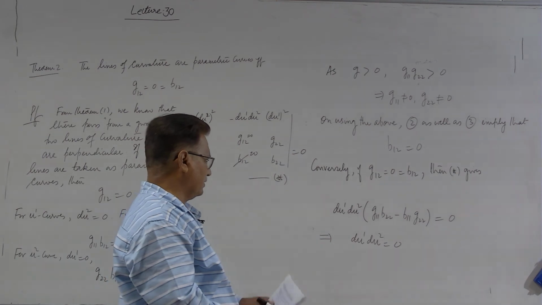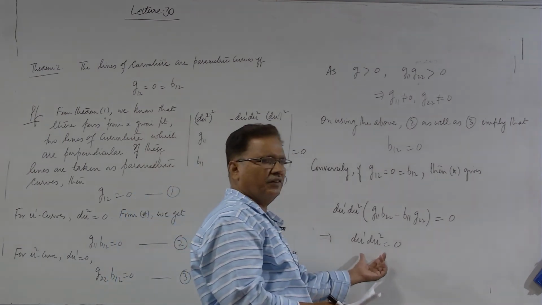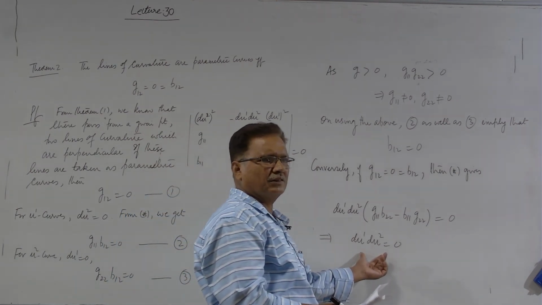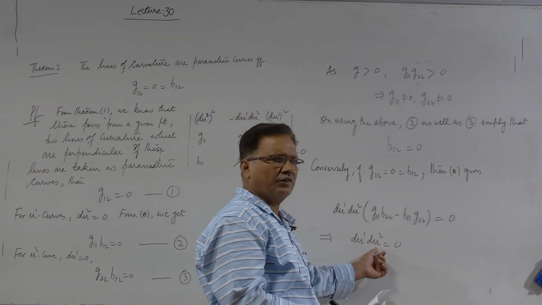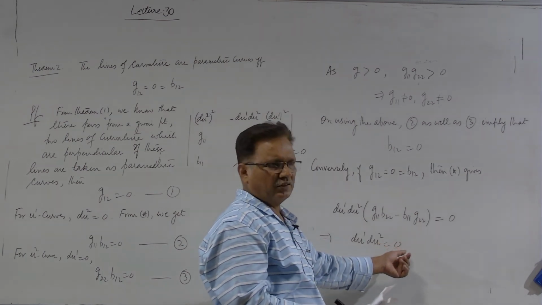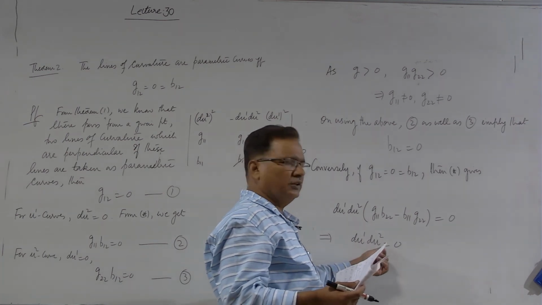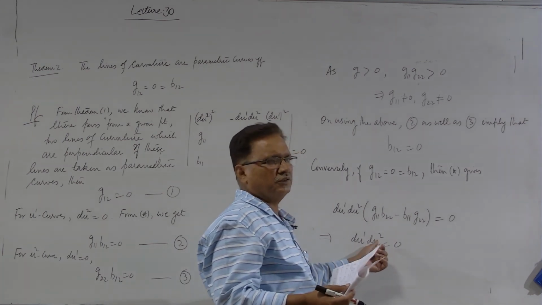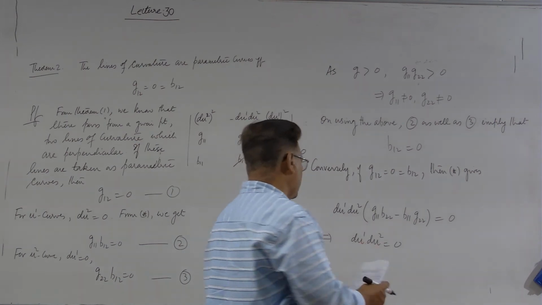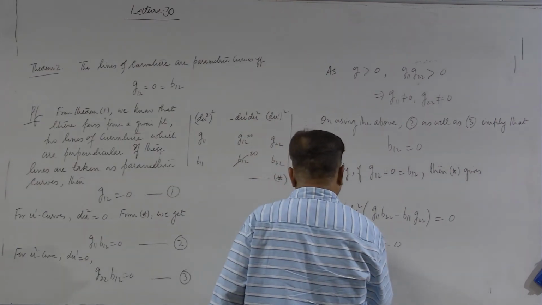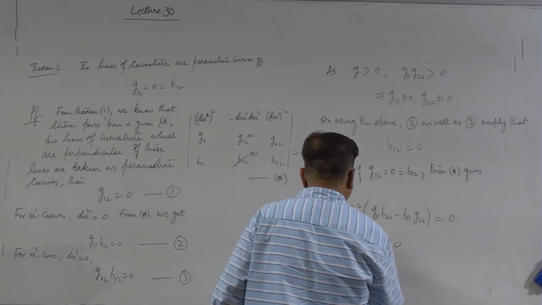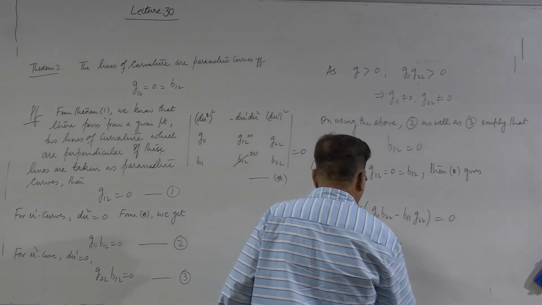So, this I will say is the differential equation of parametric curves. This gives you what? du1 equal to 0 or du2 equal to 0. du1 equal to 0 means u2 curve, du2 equal to 0 means u1 curve. So, this is the equation of parametric curves.